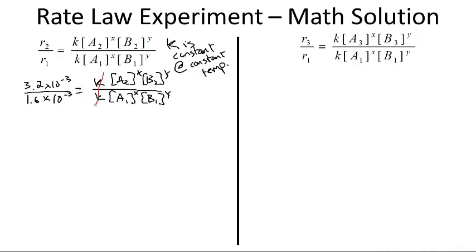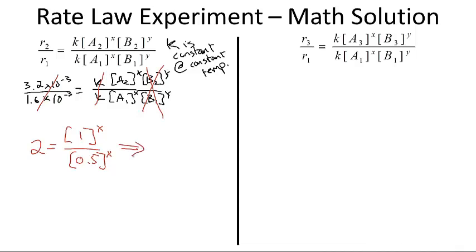Okay, so the K crosses out, and I could have plugged in here, but I forgot because I was distracted by Star Wars. So this becomes 2 equals, and what did we hold constant between 1 and 2? B, so this crosses out. So we have the concentration of A2, which was 1 to the x over 0.5 to the x.